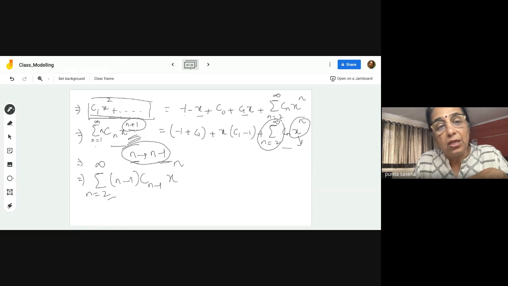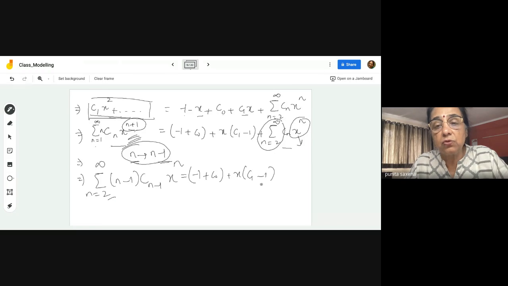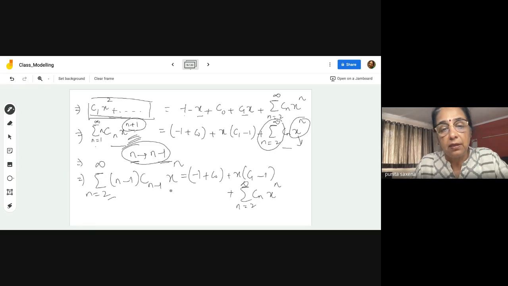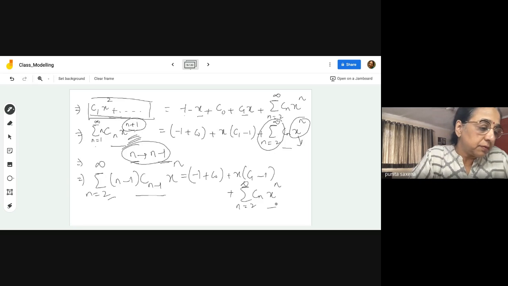So basically, your series then gets reduced to something like minus 1 plus c naught plus x into c1 minus 1 plus summation n from 2 to infinity cn x^n. Now you can combine both these terms.